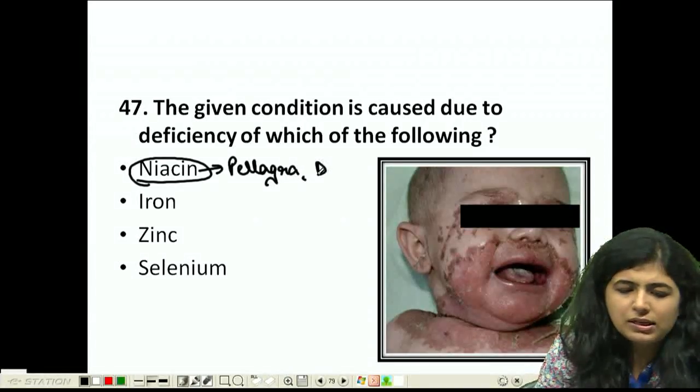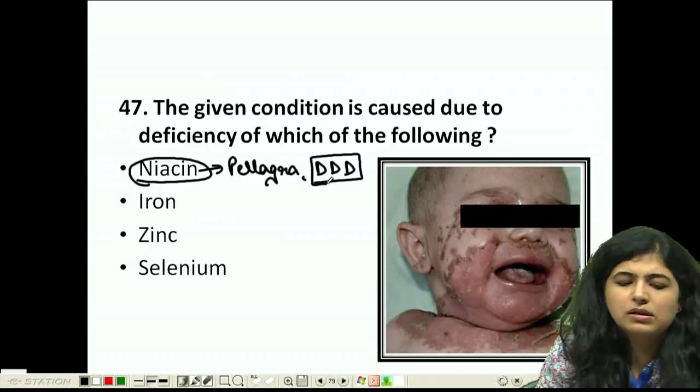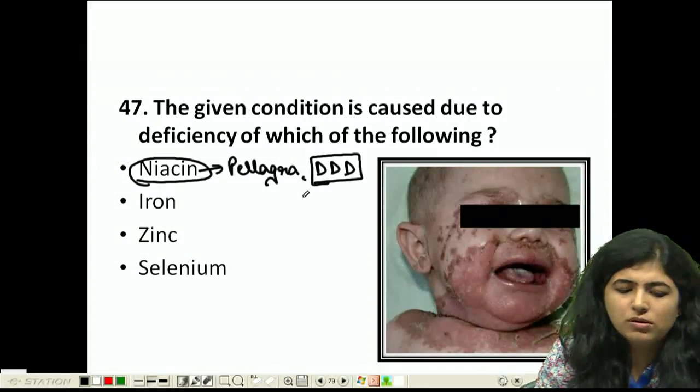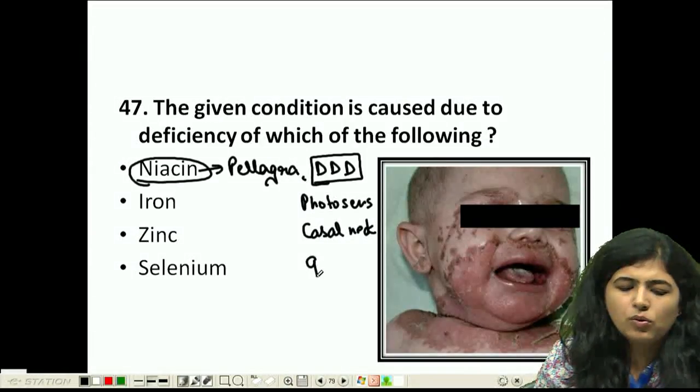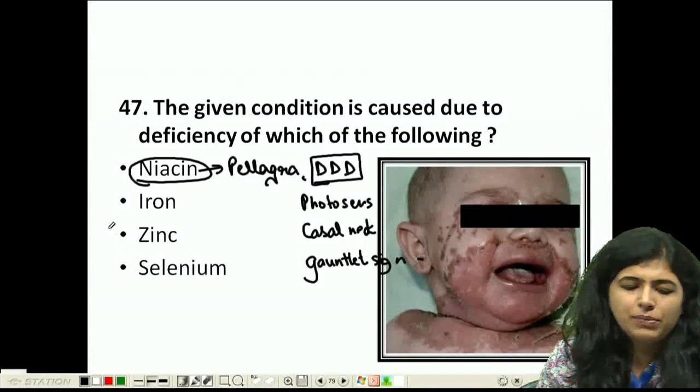pellagra, the 3 Ds: the diarrhea, the dementia, and dermatitis. Photosensitive distribution. In photosensitive distribution, then you have the Casal necklace, you have the gauntlet sign. This is pellagra.